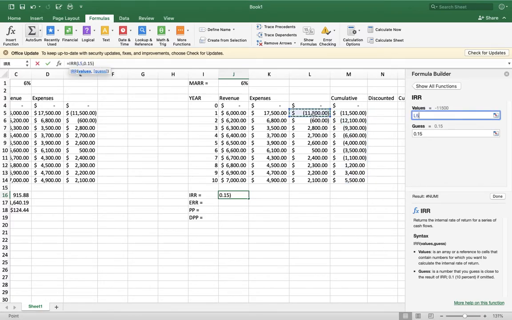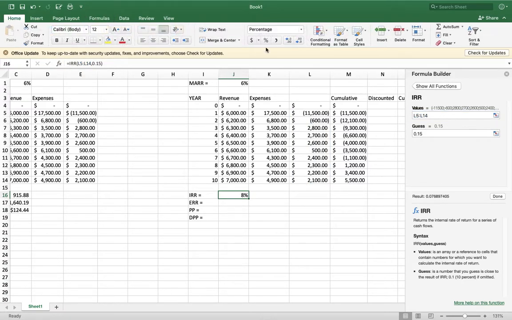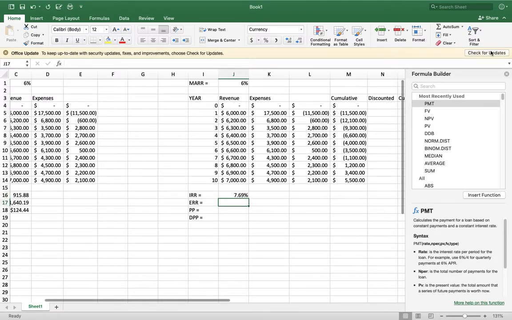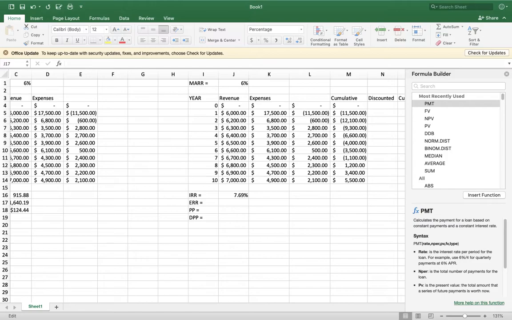They're actually going to be this column of values. And there we see that we're around 7.7%.